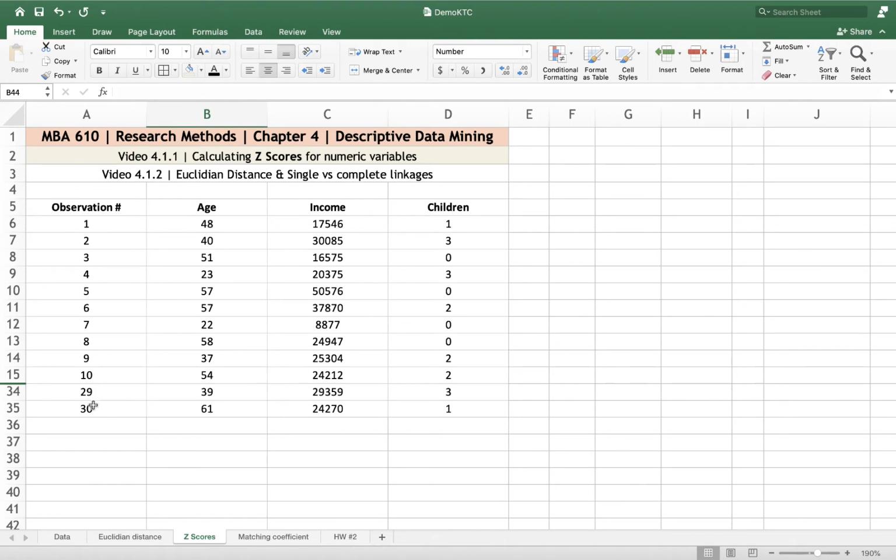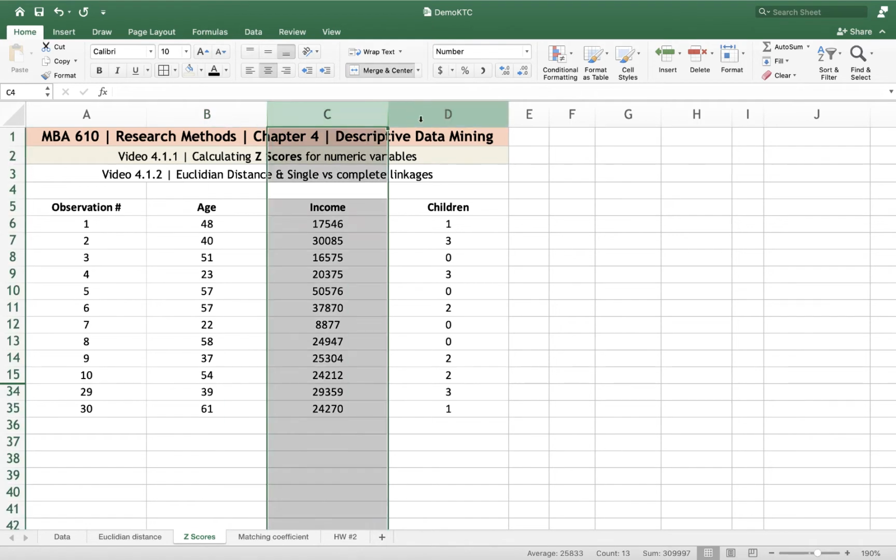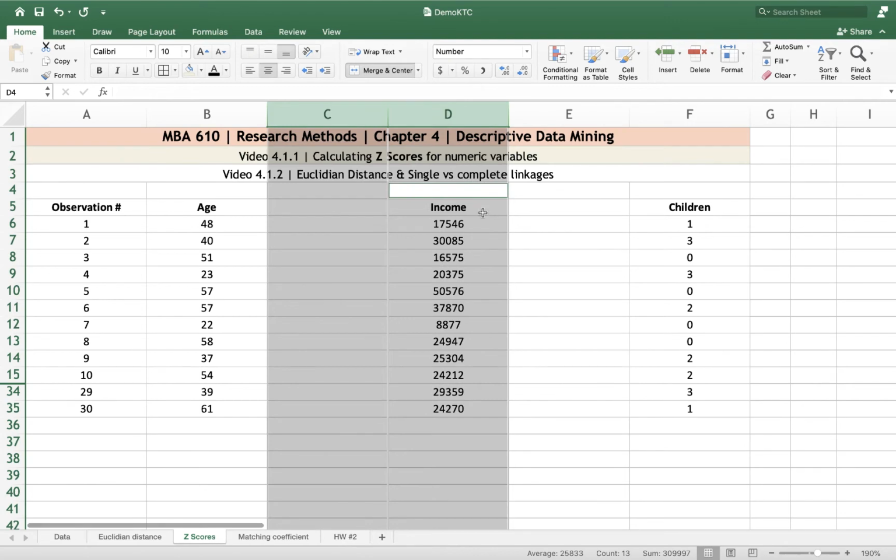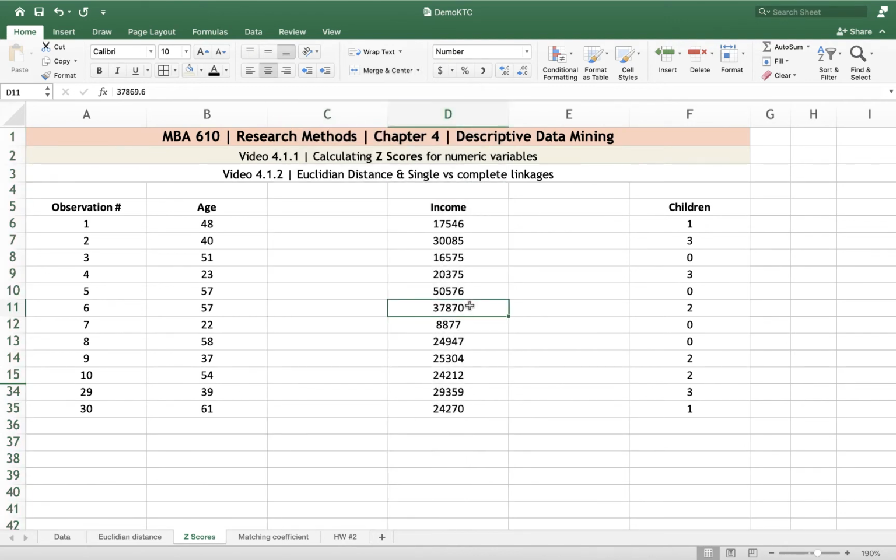So the first thing I'm going to do is add some columns to place my standardized scores. And here I'm going to do age, but it's going to be my Z-score, my standardized version of age. The Z-score, again, is how many standard deviations your observation is away from the mean value. And then I'm going to do an income Z-score.